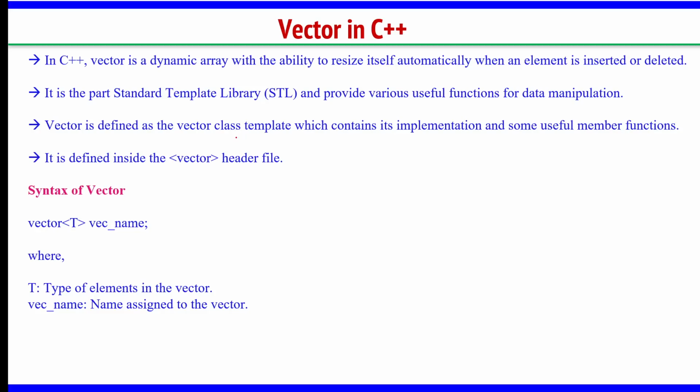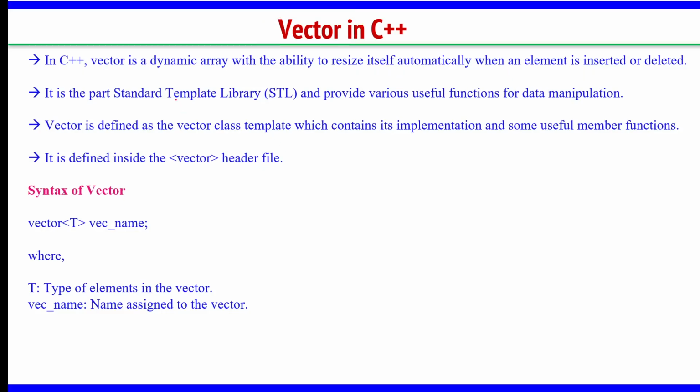Okay. So, in C++, vector is a dynamic array with the ability to resize itself automatically when an element is inserted or deleted. So, we do not assign any size here, that is why programming becomes much easier when you use vectors. That is why vector is more powerful among all the standard template library functions we have.